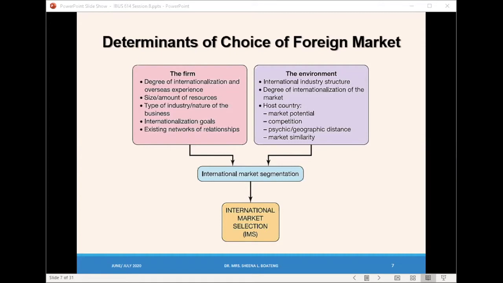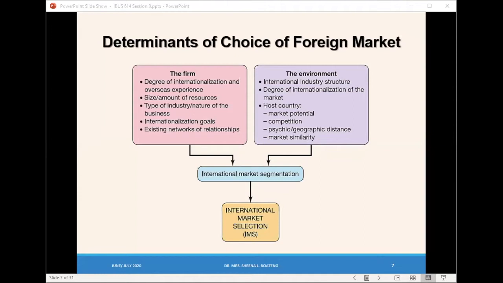Also, the firm needs to look closely at the type of industry and the nature of the business within the industry that they are operating in, both in their domestic market and in the foreign markets they wish to enter. Because as we will learn very soon, the nature of the industry, the degree of competition and the kinds of firms operating in that industry will to a large extent determine whether or not the firm is well positioned to take advantage of the marketing opportunities they have noticed in that foreign market.